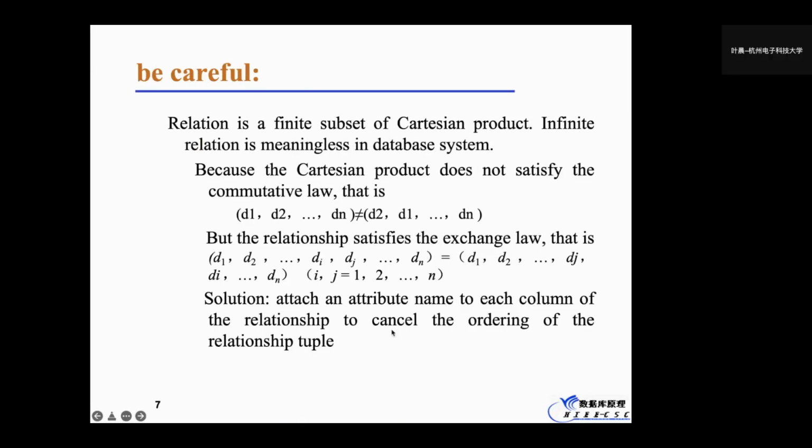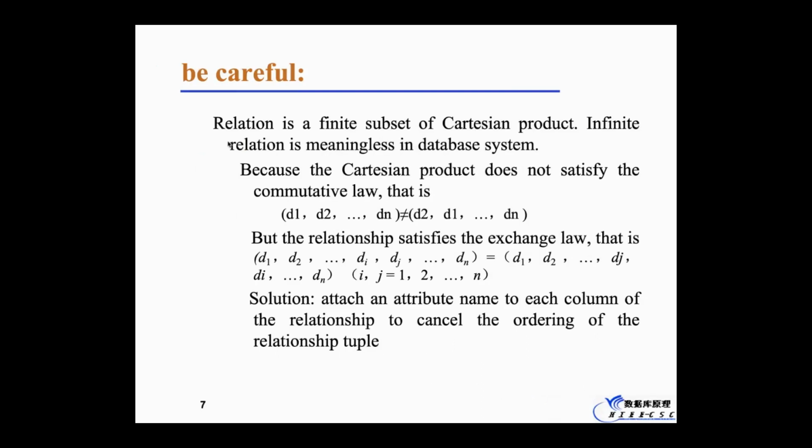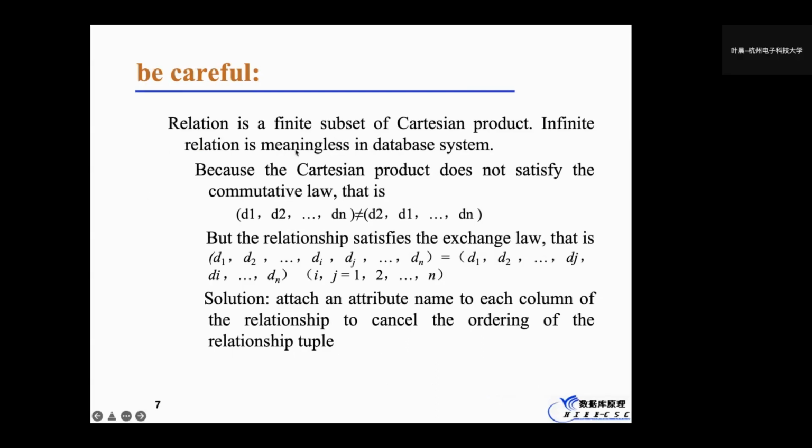But you need to note that a relation is a finite subset of the Cartesian product, because an infinite relation is meaningless in a database system. The Cartesian product does not satisfy the commutative law, so it doesn't satisfy this equation, but the relation satisfies the exchange law.